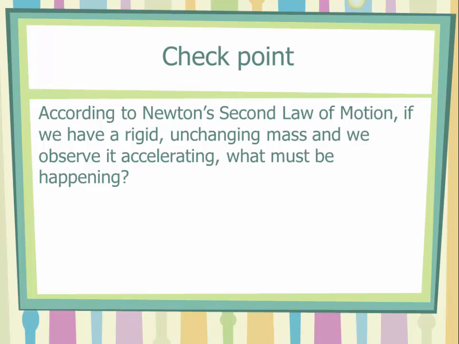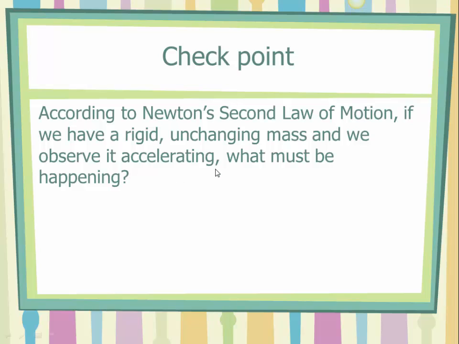So another checkpoint here. According to Newton's second law of motion, if we have a rigid, unchanging mass and we observe it accelerating, what must be happening? Okay, so here we have an unchanging mass, so mass is not changing, but we do see that it is accelerating. So what's happening?